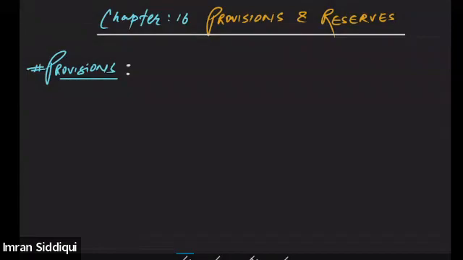All right, let me tell you. Provisions can be described as a part of profit which has been kept aside and transferred to the profit and loss account in order to meet some known liability, the amount of which cannot be determined with accuracy.